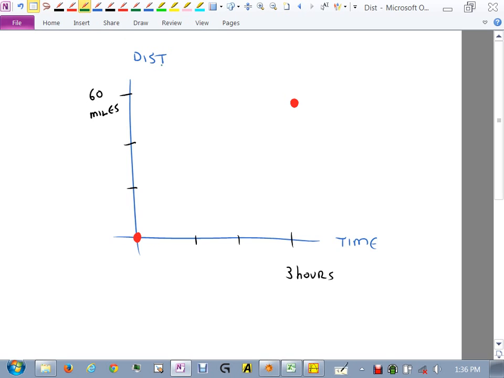The way you could compute that is by connecting these two together and drawing a triangle and finding the slope of that line. What's the slope of this line? Rise, which is 60, divided by run, which is 3, which is 20, right? The slope of that line gives you your average speed, doesn't it?